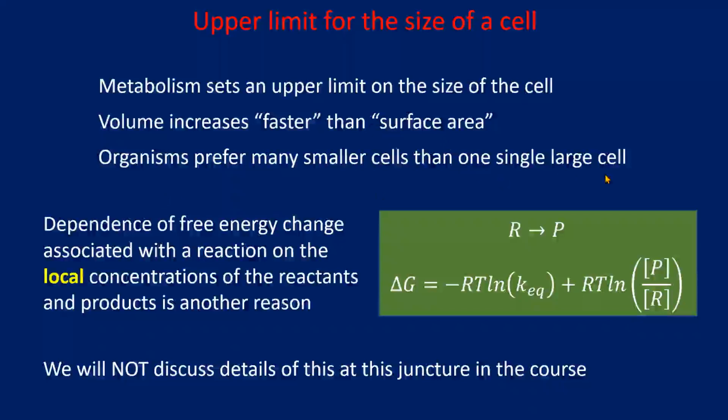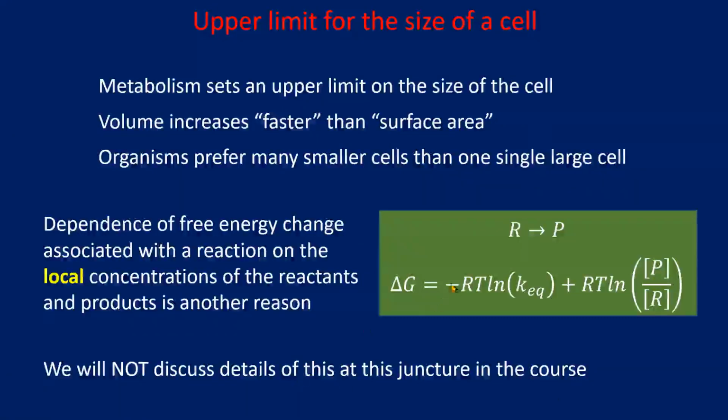The manner in which volume increases, the surface area of that particular cell does not increase in the same way. So when we think about metabolism, this is very important: maximizing the surface area to volume ratio.